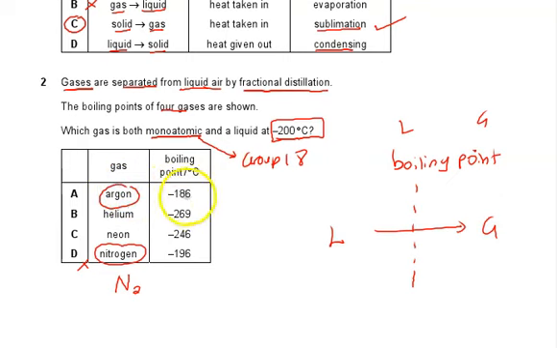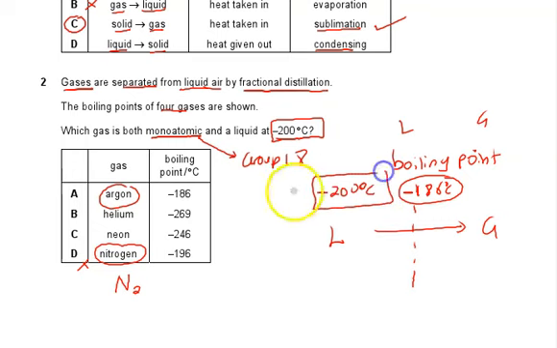Their boiling point is negative 186 degrees Celsius, so argon changes from liquid state to gas at this temperature. Negative 200 is on this side, so it is in the liquid state.